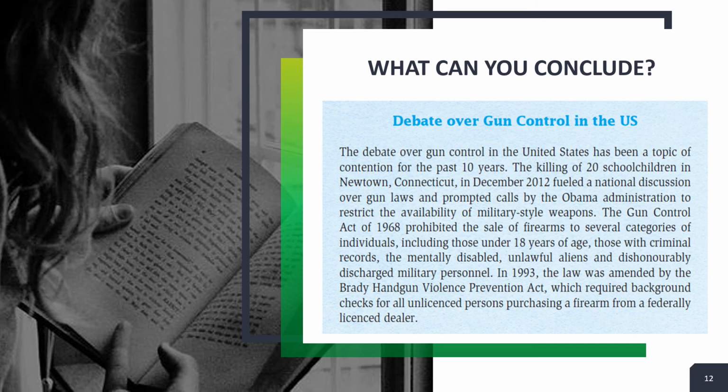We have the information about the killing, it's about restrictions made by the Obama administration, and then it mentions the gun control, and in 1993, once again it's about the law amended, related to guns.